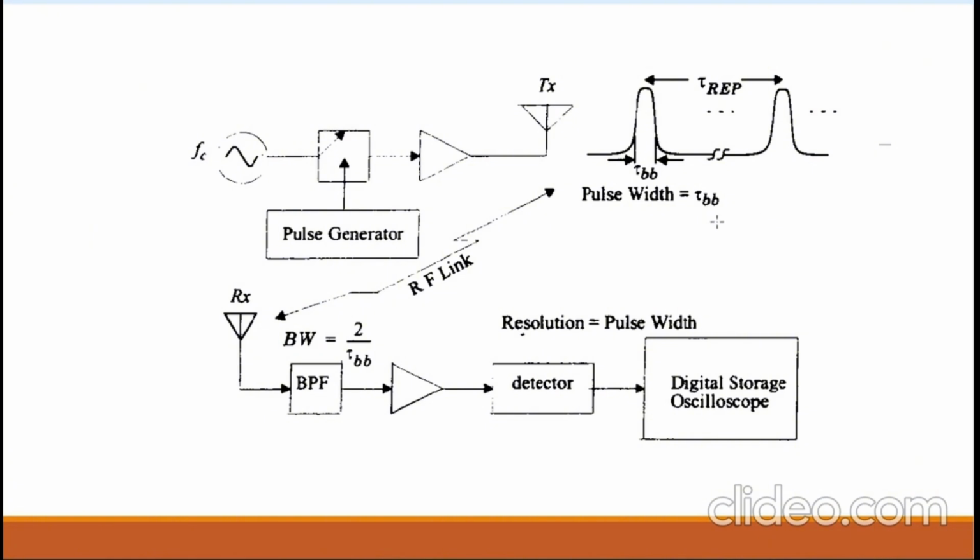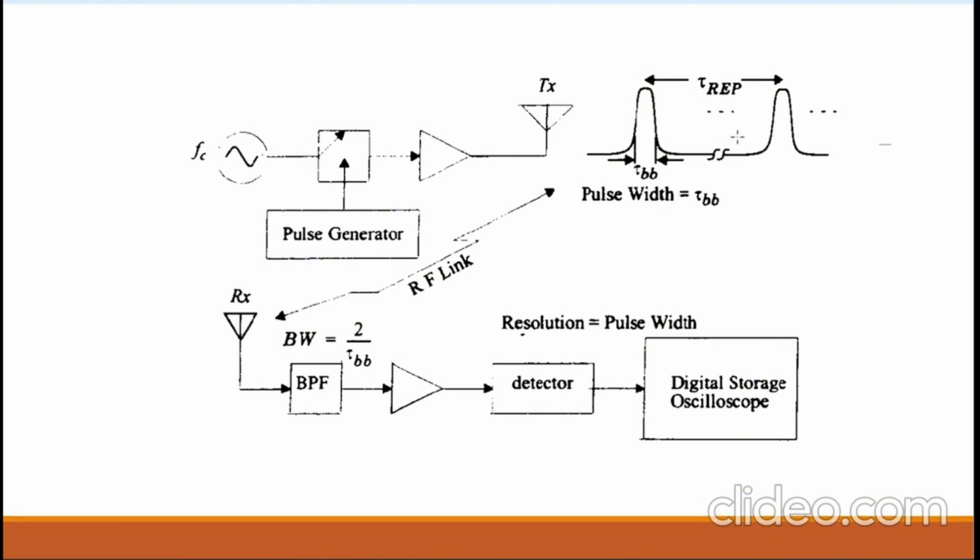The transmitted wave is a series of narrow pulses with pulse width tau BB, repeating at regular intervals, and the time period from one pulse to the next is tau rep, the repetition period.